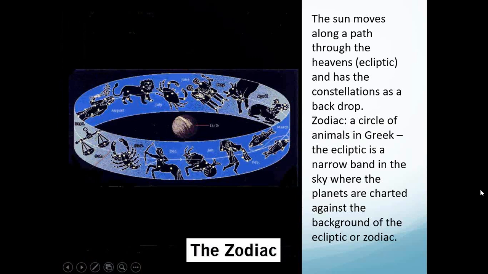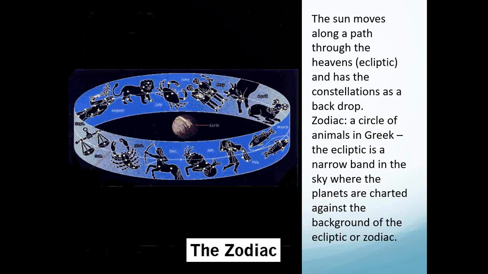Okay, so here's a little bit of astronomy to get us oriented into understanding a little bit more about our astrology. And what we have here is information on how the zodiac actually is represented to us in our system. So the sun moves along a path through the heavens. That path is called the ecliptic, and it has constellations as a backdrop.